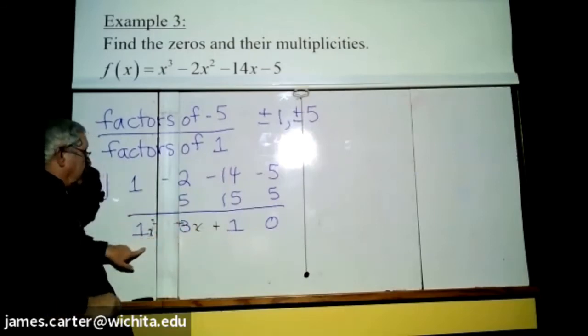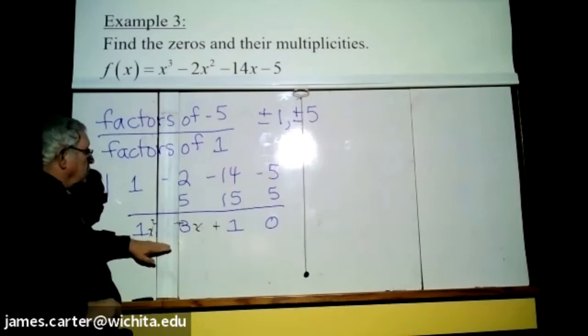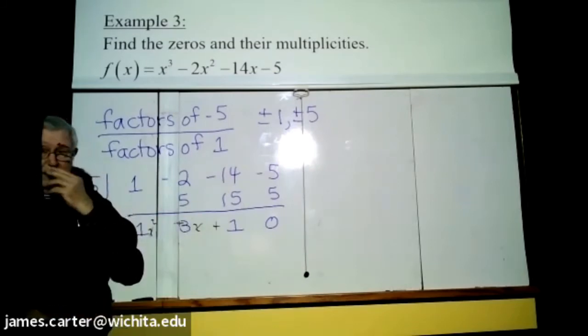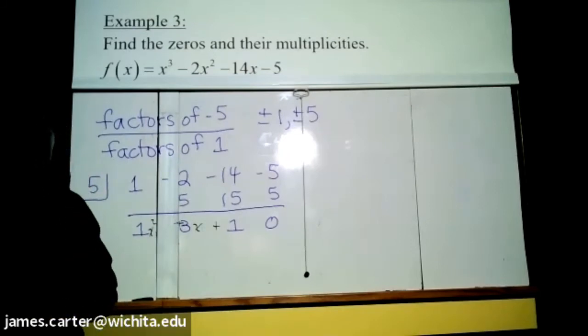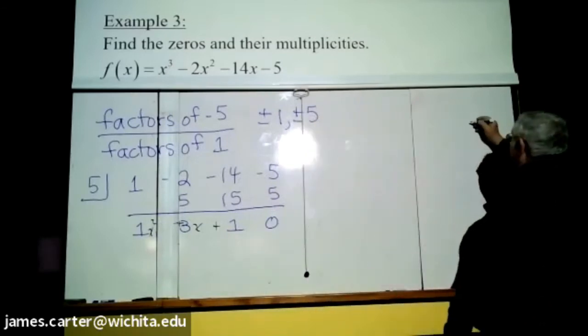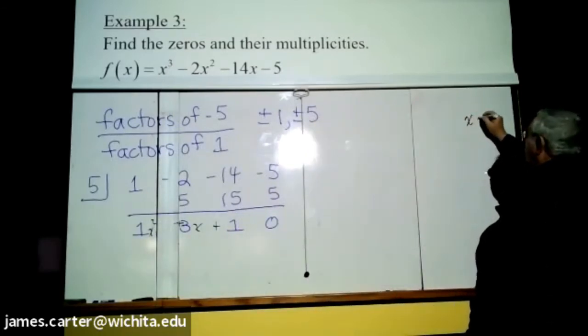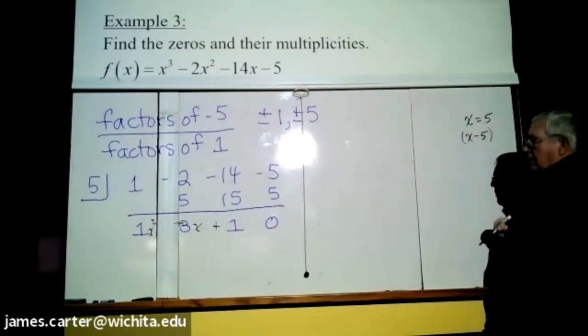That thing won't factor, it's prime. So what do we have to do on this one? We have to use the quadratic formula to find the other zeros. We've found 1 zero for this problem so far. The zero we found is x equals 5, or in factor form, x minus 5.